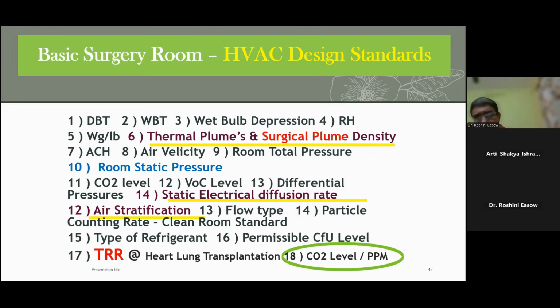RH and grains per pound are very important. Now you see the sixth one. I don't know whether you are aware or not. Those who have seen live surgery will know, if they have had the opportunity: thermal plumes and surgical plume density.